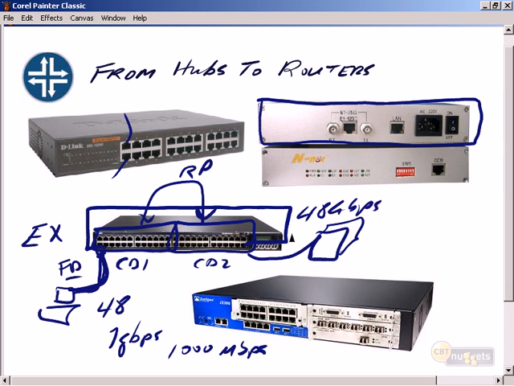Wow, that's amazing, okay? And you can even attach these and put them together in a switch fabric with Juniper switches and get amazing throughputs for all of your devices in your corporate enterprise that need access, okay?